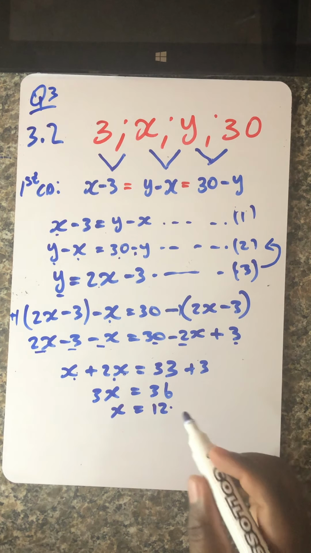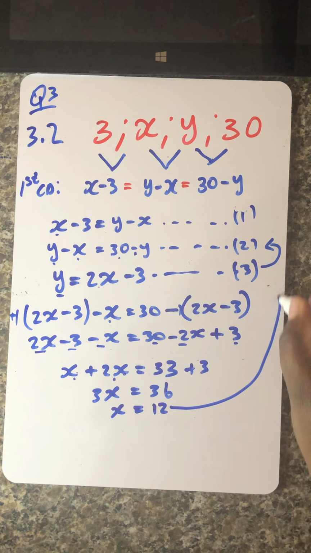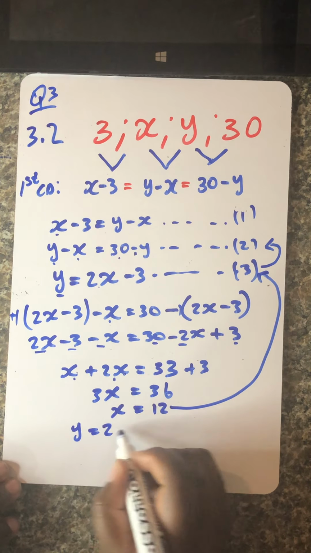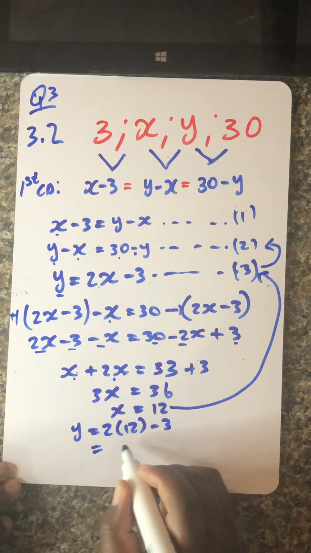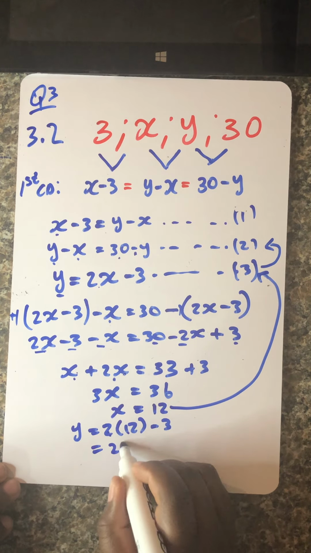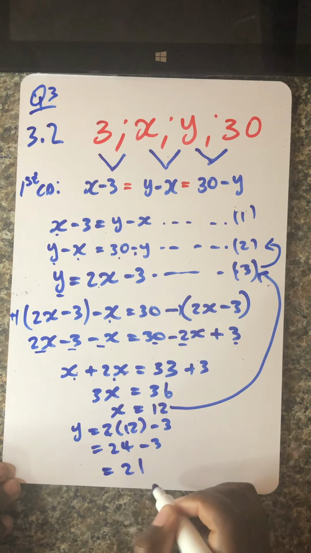Okay, so now you can use this answer to substitute into equation 3 so that you get the y value. So y is equal to 2 times 12 minus 3. 2 times 12 is 24, minus 3, then it's equal to 21.